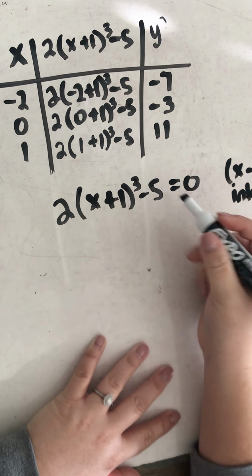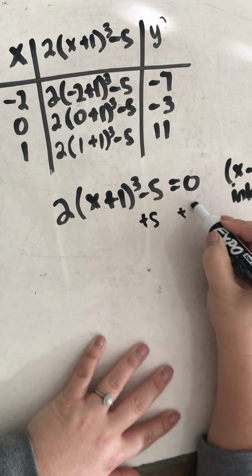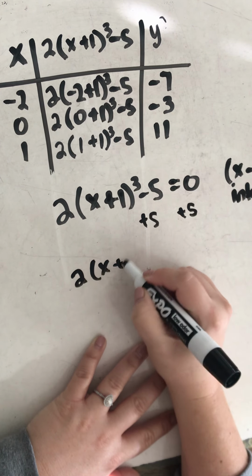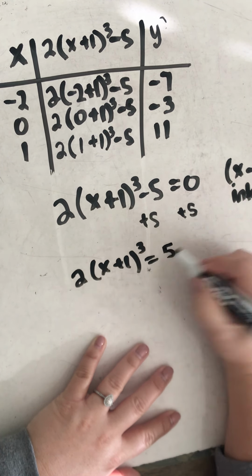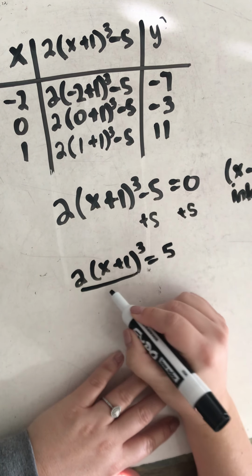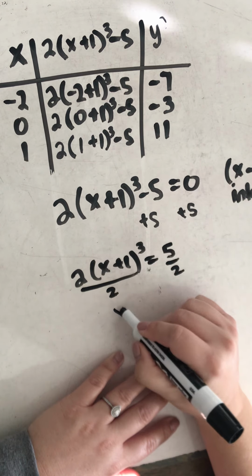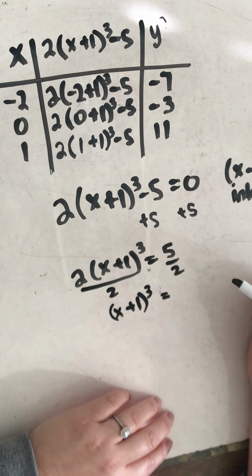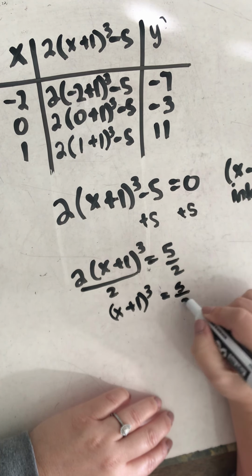First thing we want to do is add that 5 to both sides to solve for x. So we're left with 2 times x plus 1 to the third equals 5. Next, we're going to divide by 2. So x plus 1 to the third equals 5 halves.